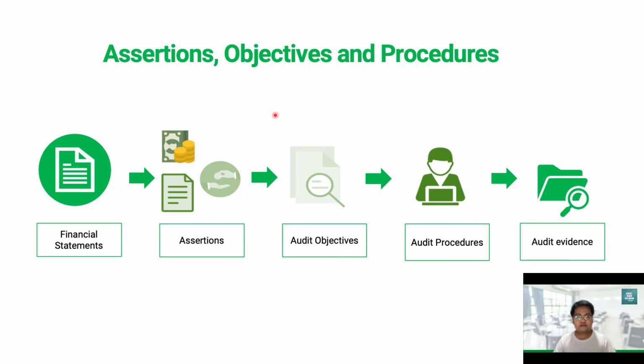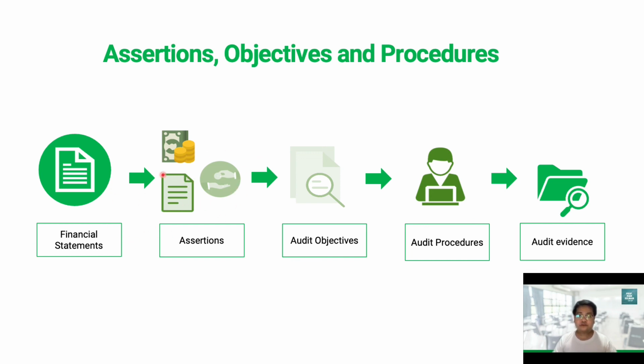Finally, we have the relationship of the assertions, the objectives, and audit procedures. Remember, what we are auditing here are the financial statements of the client, which consist of different assertions: assertions about account balances, classes of transaction, presentation, and disclosure.